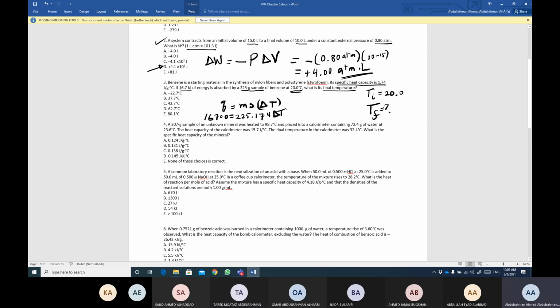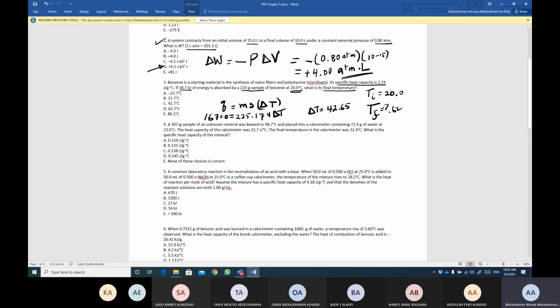What's the only thing that we didn't know? The delta T. Calculate it quickly. 42.65. So what's the T final? We'll add 20. Which is which answer? 62.7. Good.